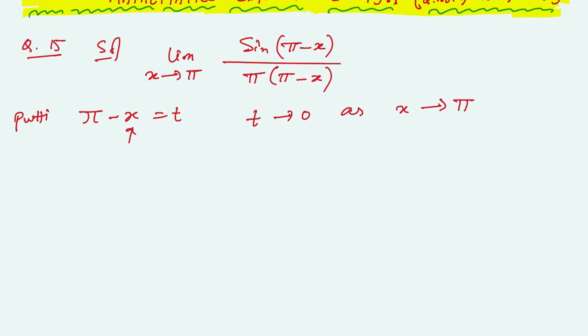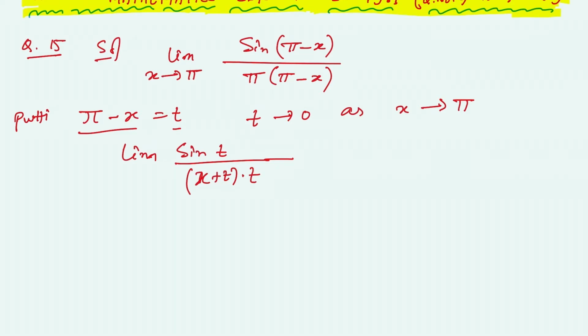So we can write this limit as t by, and pi can be written as t plus x, or x plus t, same thing. And here pi minus x is t, isn't it? So this is the expression.